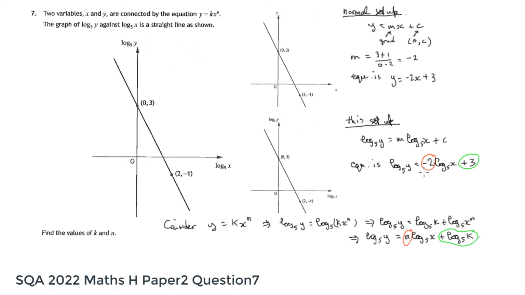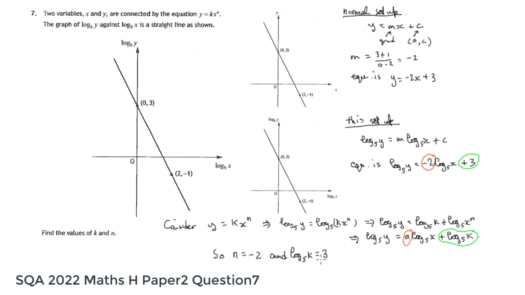So these coefficients there must be equal, these constants there must be the same. So finally we can say that we have established that n is -2, and also that log to the base 5 of k is equal to 3.